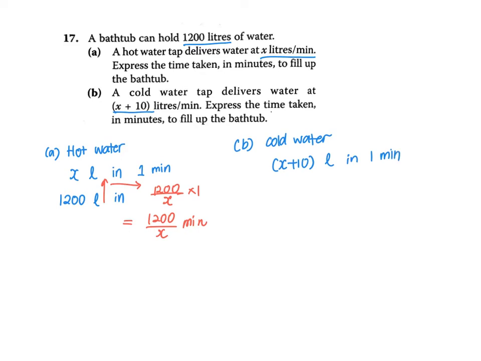Now, time taken to fill up the bathtub, I have 1,200 liters divided by x plus 10 times 1. And that will give us 1,200 over x plus 10 minutes. Have you gotten the answer?